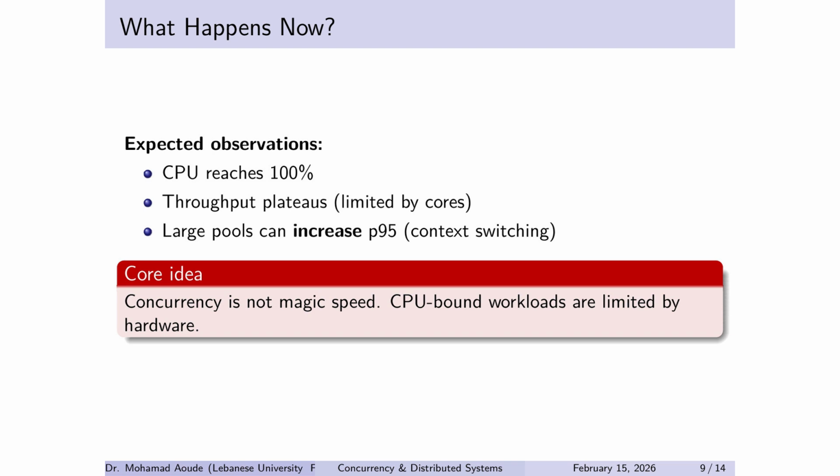Let's interpret the results. When CPU reaches 100%, your hardware becomes the limiting factor. Throughput cannot exceed what your cores can compute. Large pools increase contention and context switching, so performance may degrade. This is the moment where intuition must give way to theory, and that theory is Amdahl's law.